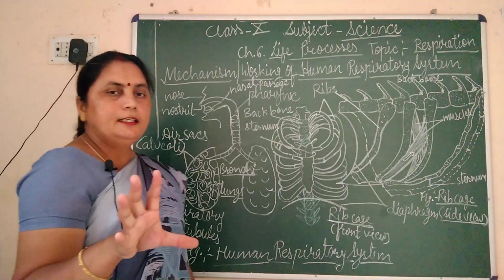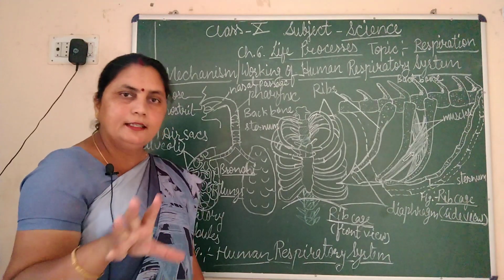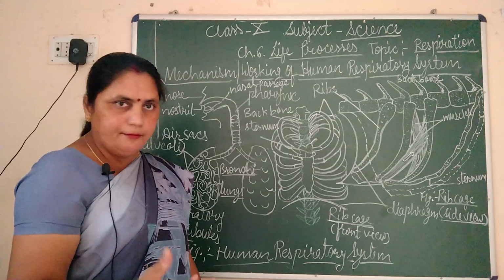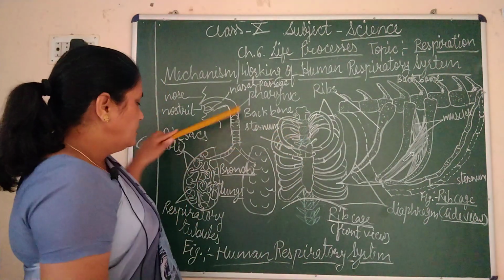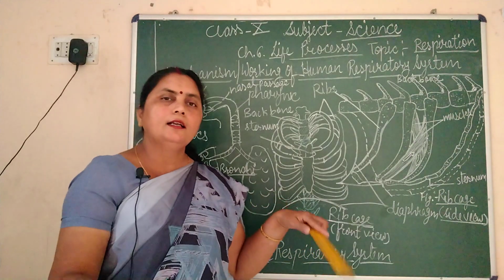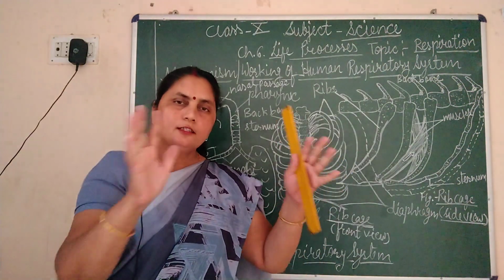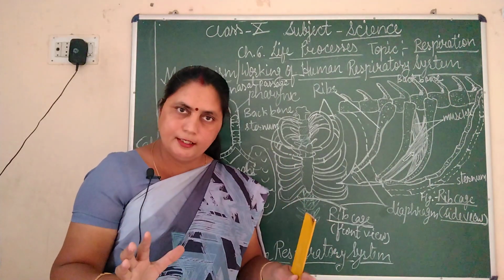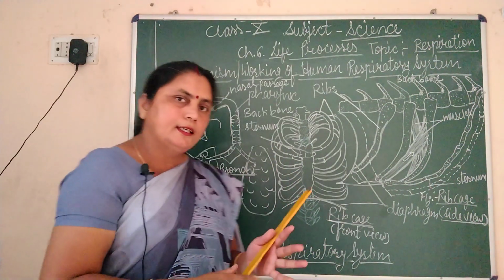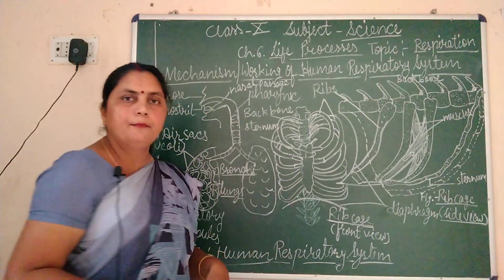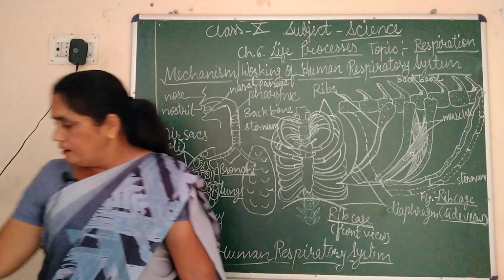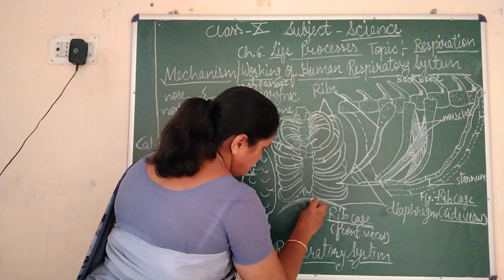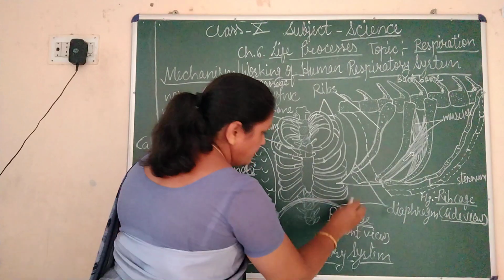Children, the chest area is known as thoracic cavity and the abdominal area or belly area is known as abdominal cavity. So the lungs and heart are enclosed in rib cage, and this whole arrangement is located in our chest cavity or thoracic cavity, and this thoracic cavity is separated from abdominal cavity by a muscular structure called diaphragm.